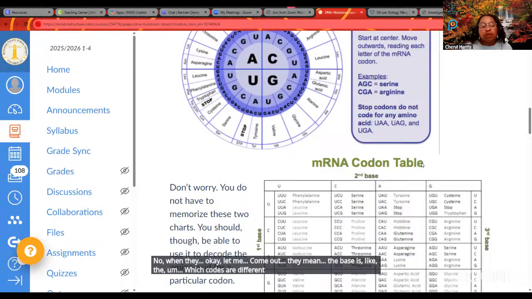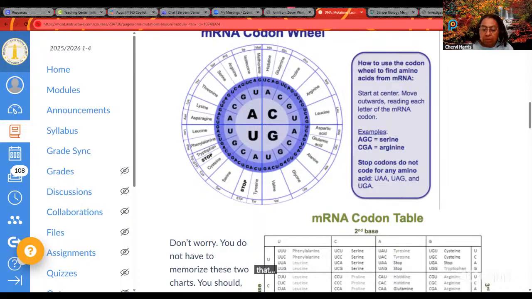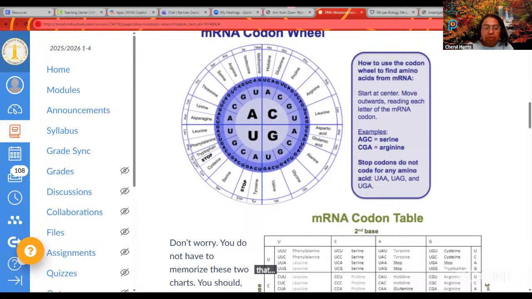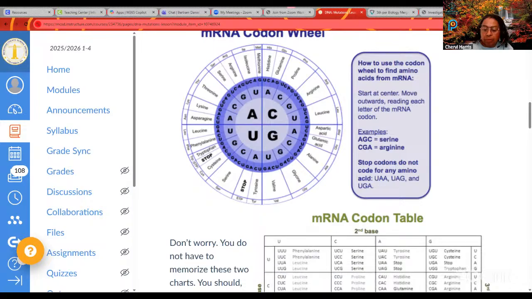Okay, the worksheet starts off by saying that the strand of DNA that they pulled out is, and I had my picture up. Where'd it go? Okay, I'll just open it again.